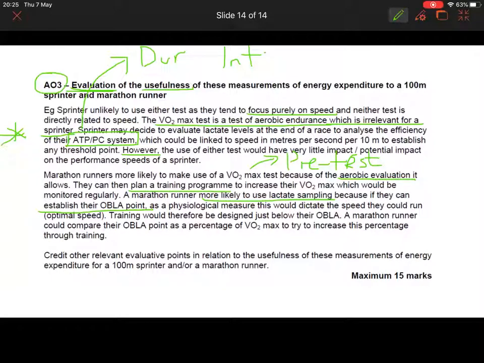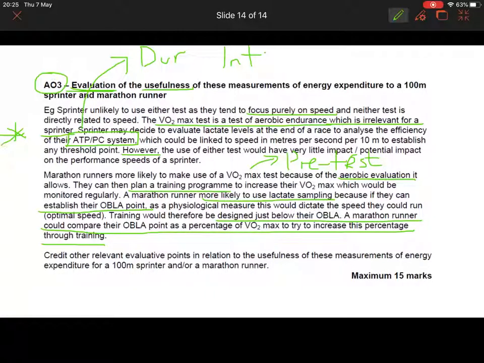If I look at the last bit here, a marathon runner could compare their OBLA point as a percentage of their VO2 max to increase the percentage through training, because they will be training just below their OBLA point. So they're really trying to extend the working of their cardiovascular system and respiratory system.